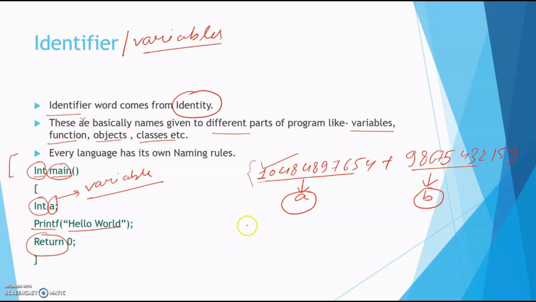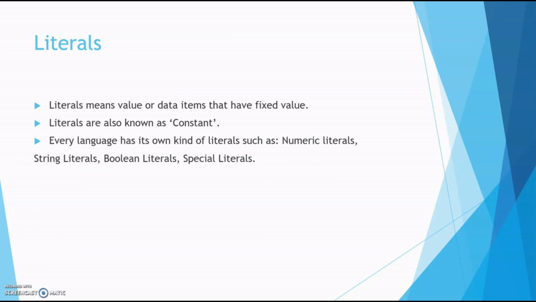In place of this value you can write A, and in place of this value you can write B. That is the purpose of a variable, so that you can save your memory space. So these are the names given to the different parts of a program, like variable, function, object, class, etc. Clear?